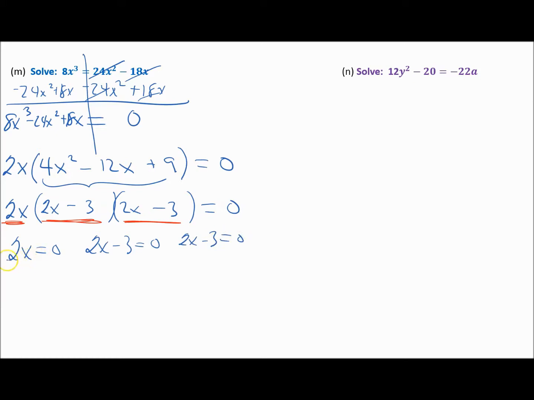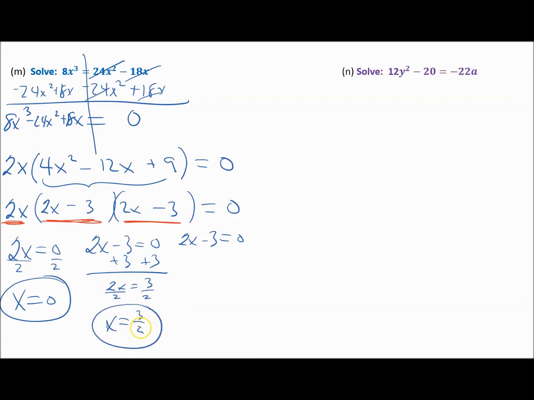Here I divide both sides by 2, and I get x is equal to 0. Here I add 3 to both sides, I get 2x is equal to 3, divide by 2, and I get x is equal to 3 halves. Add 3, I get 2x is equal to 3, and x is equal to 3 halves again.